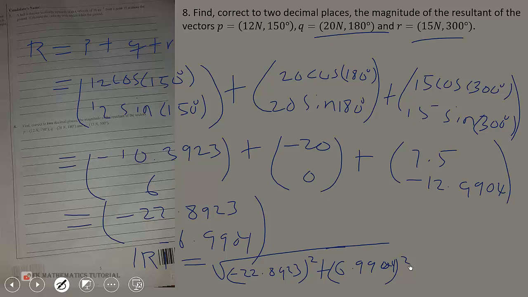That will give us 23.9358, which is equal to 23.94 to 2 decimal places, newtons. Thank you for watching. See you in the next video where we'll continue the solution of this paper.